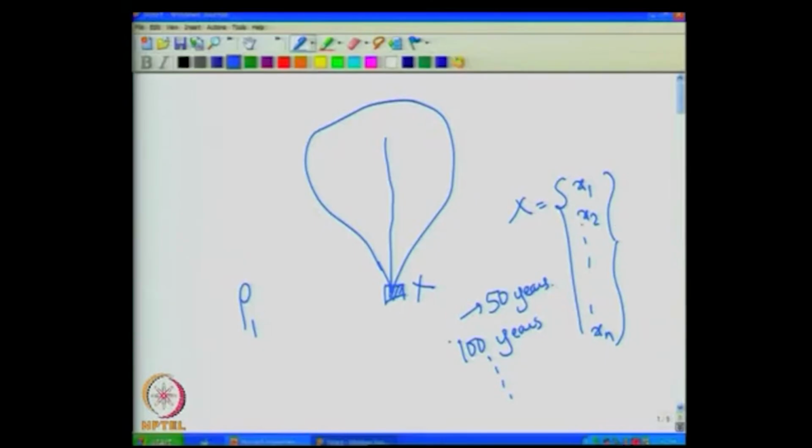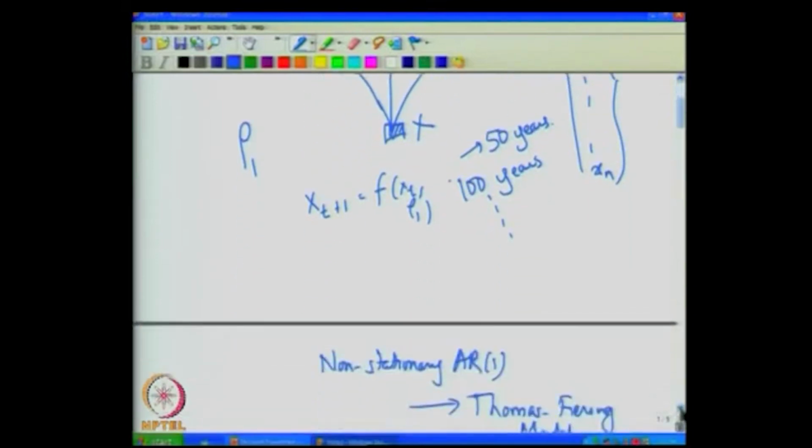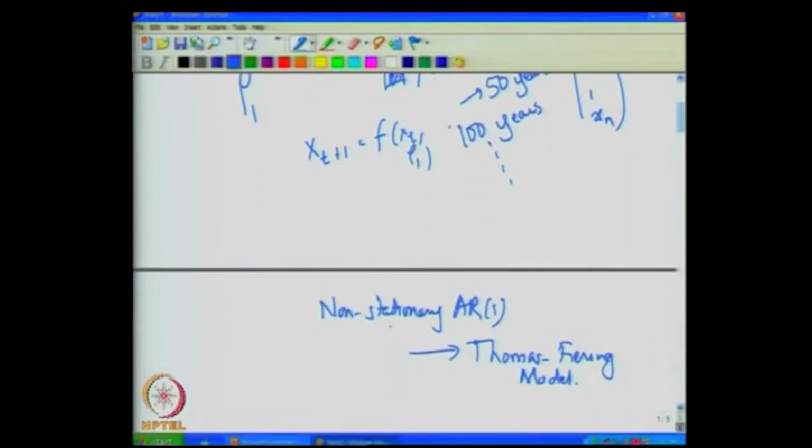On this time series you get the lag 1 autocorrelation, and then use these lag 1 autocorrelations to generate the x(t+1) value as a function of x(t) and lag 1 autocorrelations, and we have seen the expressions for this. The model that we discussed earlier and called the Thomas Fiering model is essentially a non-stationary autoregressive model of order 1.